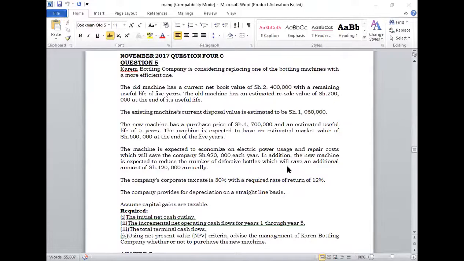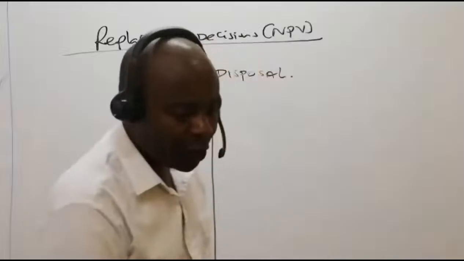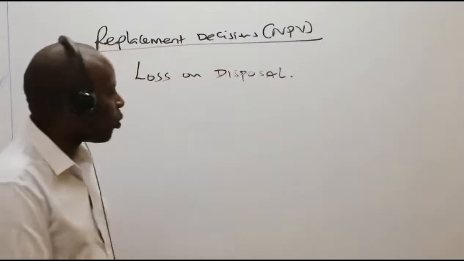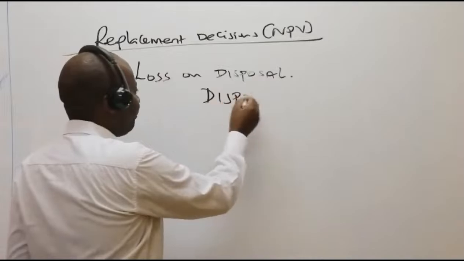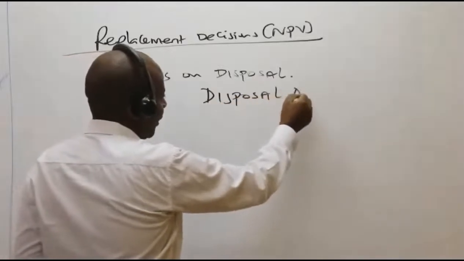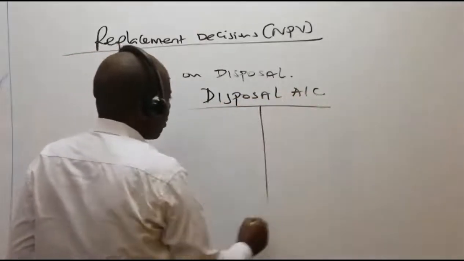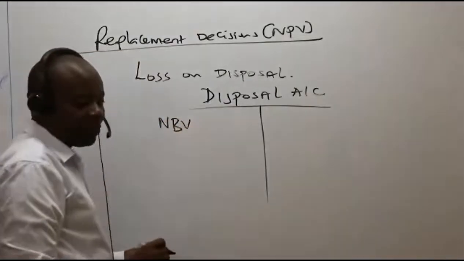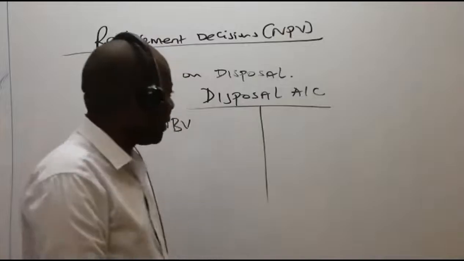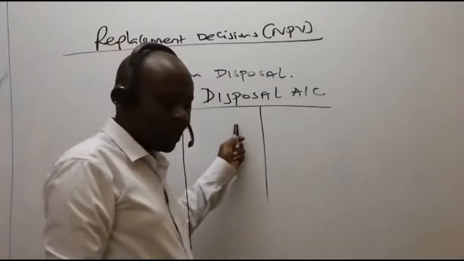So ladies and gentlemen, listen. Remember, in financial accounting, for you to be able to get that loss on disposal, you would have done a disposals account. This is how you do it in CPA financial accounting. You start by debiting this account with the net book value of this particular machine.